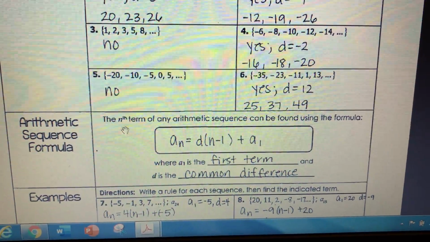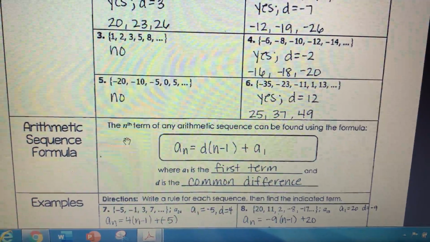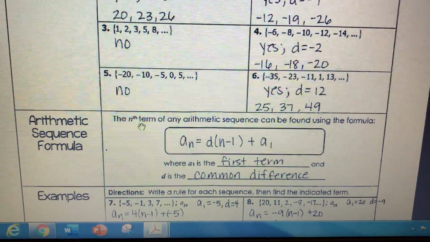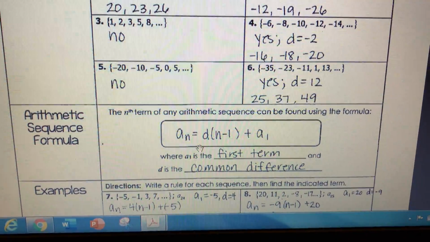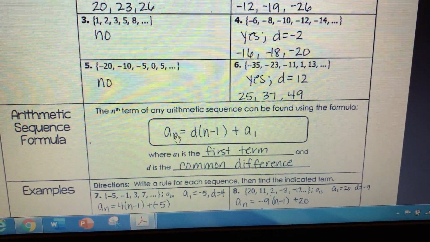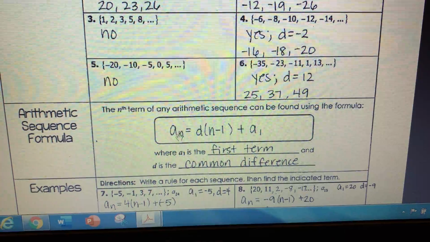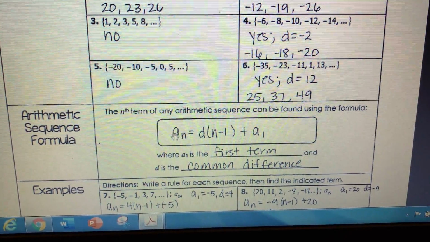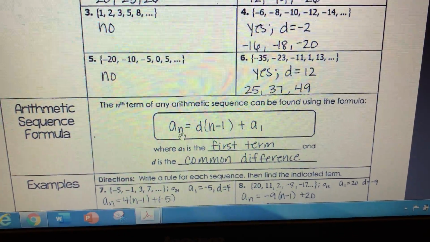If you want to find the 10th one, then n would be 10, right? So no matter what term you're trying to find, the nth term, you can use this formula. A sub n just means this is the nth term. So if we're trying to find the 10th term, this would be a sub 10.